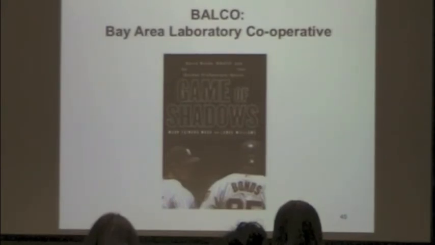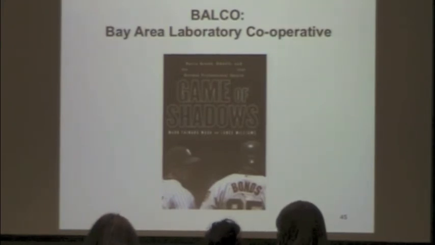Speaking about Barry Bonds, he comes in again with this book that came out, which was written by an investigative reporter in San Francisco about a company called BALCO. BALCO, which is short for the Bay Area Laboratory Cooperative. BALCO was a lab that specialized in putting out these designer steroids.